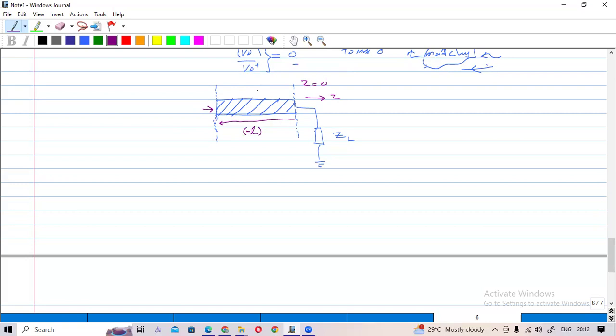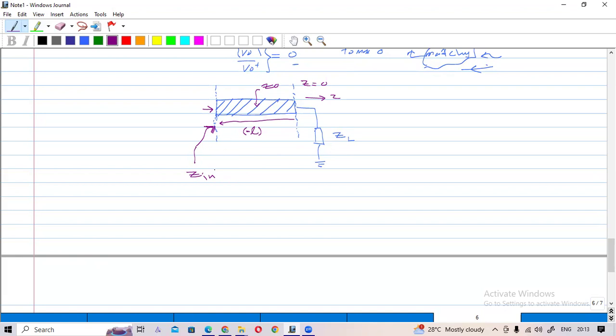Let's say that the characteristic impedance of this transmission line is Z naught. Try to find a value for this impedance, let's say ZE, using Z naught and L, and also ZL will be there.